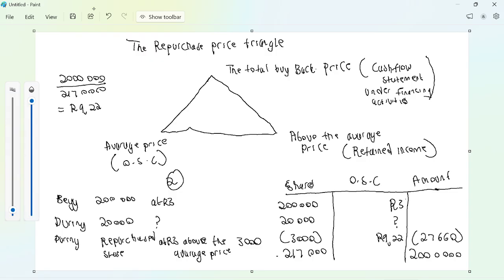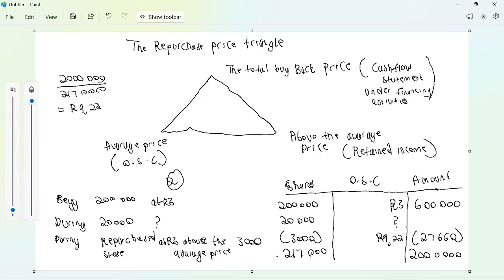27,660. Right now, what are our shares at the beginning of the year? 200,000 multiplied by 3, so we're getting 600,000. Now, how do you get the value of this? You're going to say this plus this minus this.